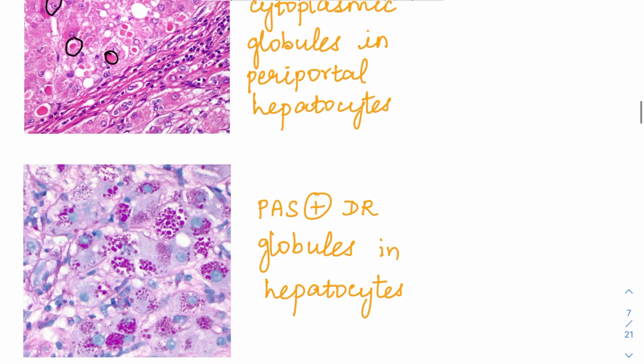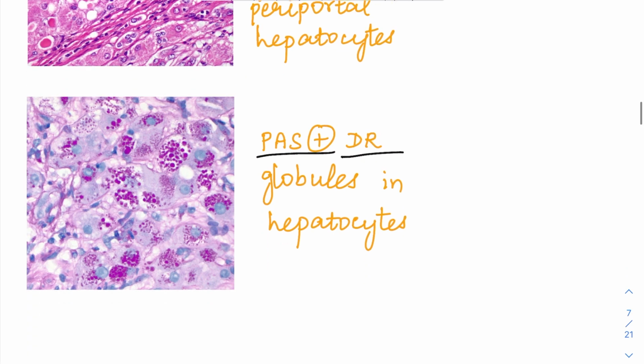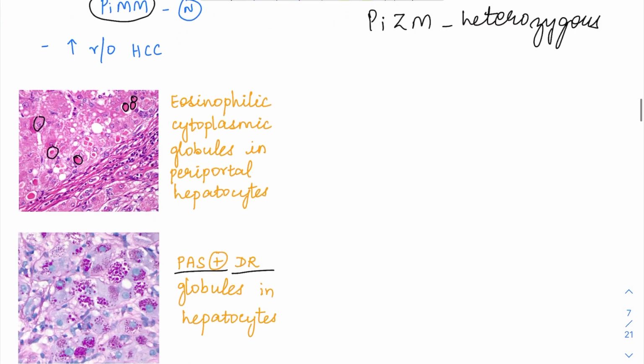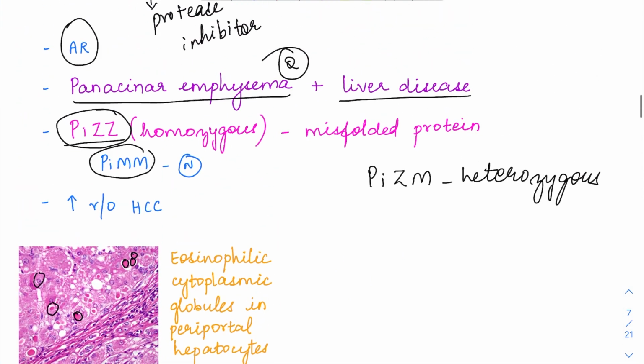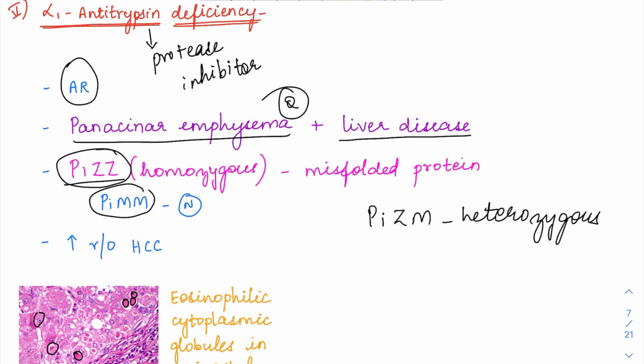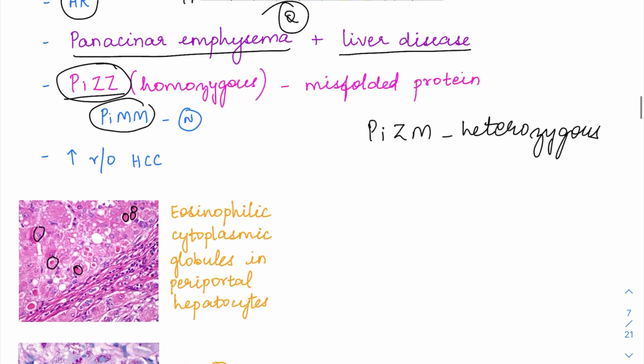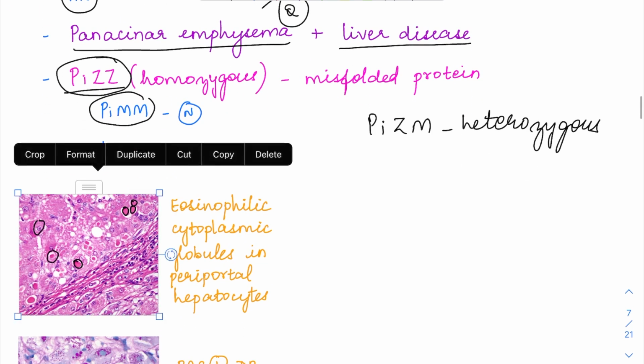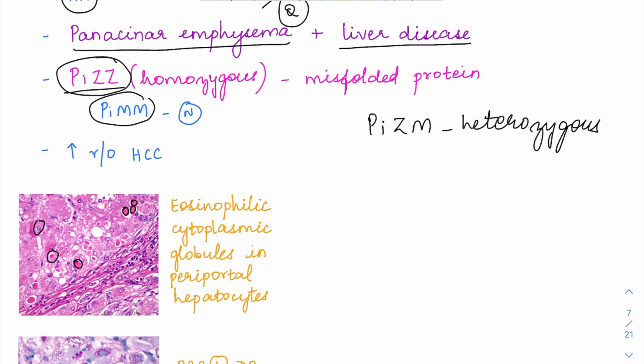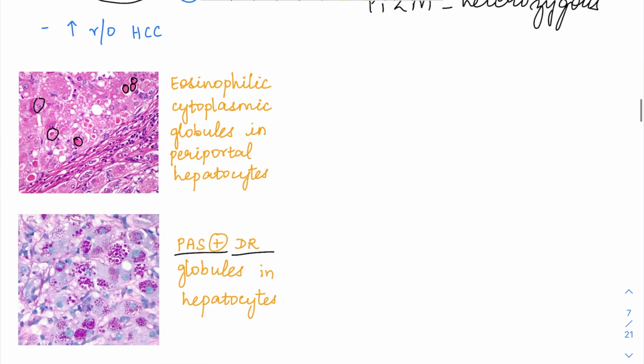And these globules are periodic acid-Schiff positive and diastase resistant. So PAS-positive, diastase-resistant globules are seen in alpha-1 antitrypsin deficiency. So in the question, when they mention a 30 to 40-year-old person presenting with a lung disease along with a liver disease, and they give such a histopathological image, then immediately you'll have to think about alpha-1 antitrypsin deficiency.